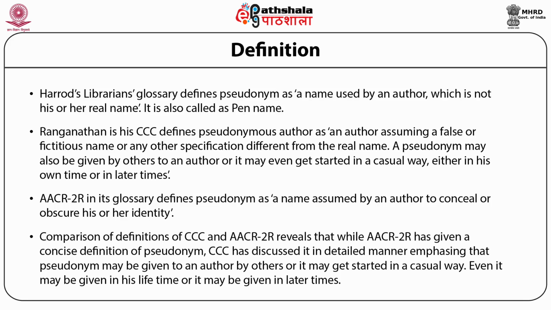Comparison of the definitions of CCC and ACR2R reveals that while ACR2R has given a concise definition of pseudonym, CCC has discussed it in a detailed manner, emphasizing that pseudonym may be given to an author by others, or it may get started in a casual way. Even it may be given in his lifetime, or it may be given in later times.